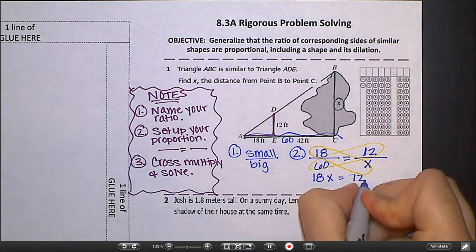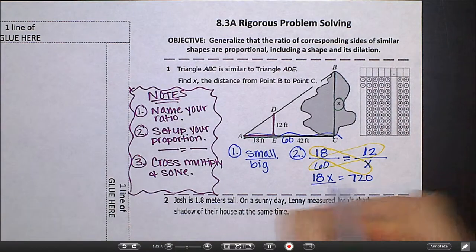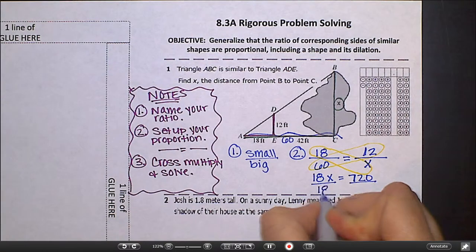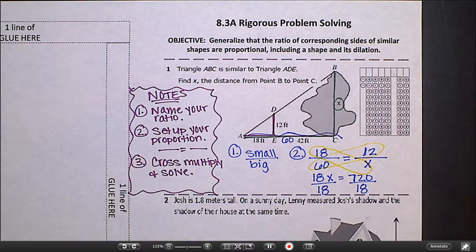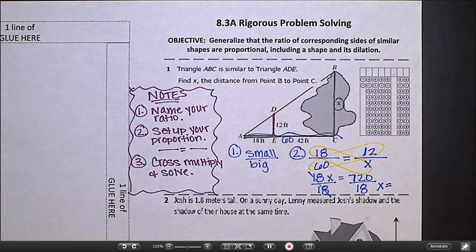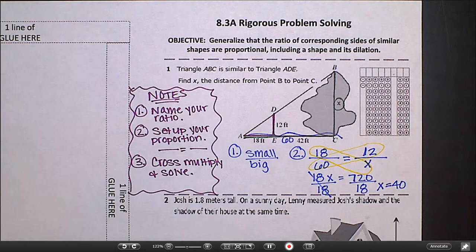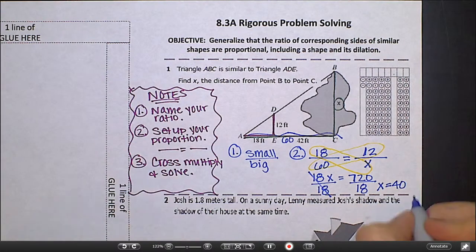That's 720. Now I need to divide both sides by 18. I can cancel those out. And if you put this in your calculator, I get x equals 40. And of course, we know that that would be 40 feet.